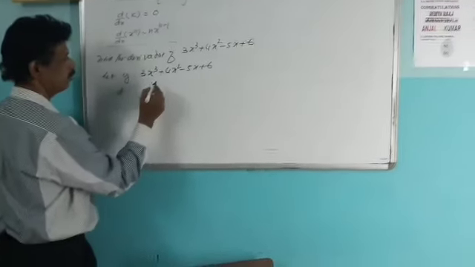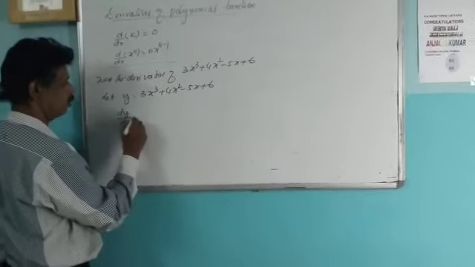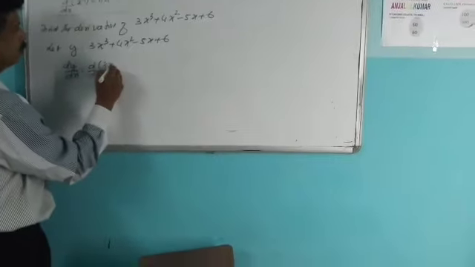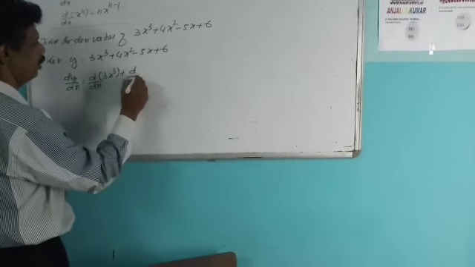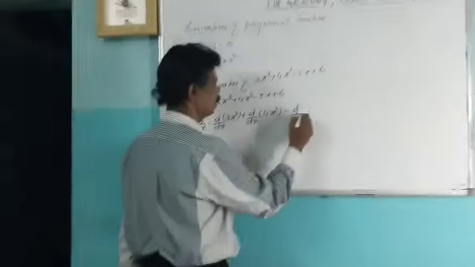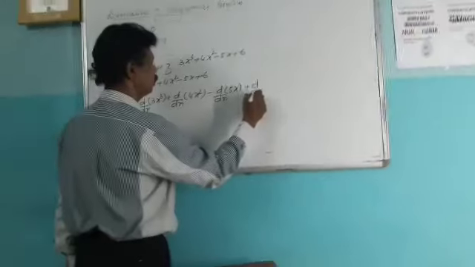Then differentiate this function with respect to x. Then dy by dx equals d by dx of 3x³ plus d by dx of 4x² minus d by dx of 5x plus d by dx of 6.